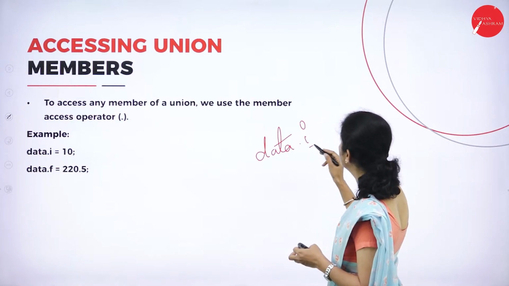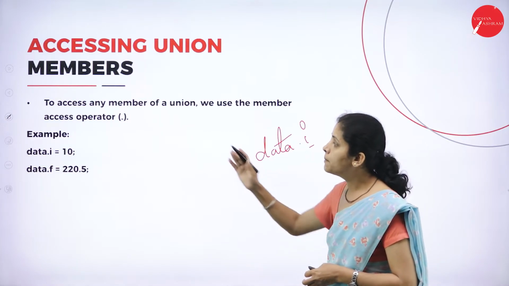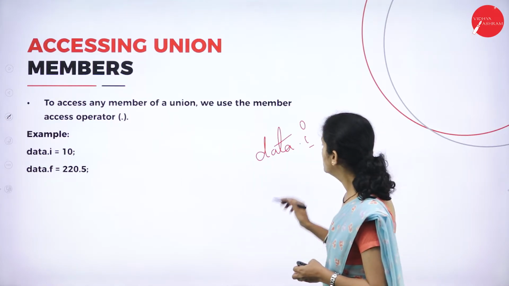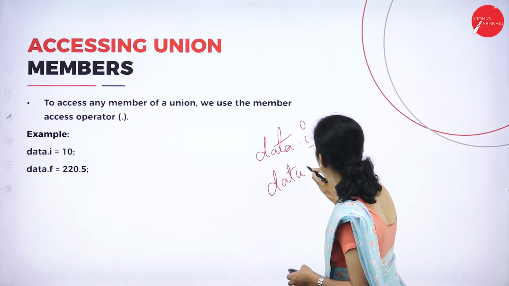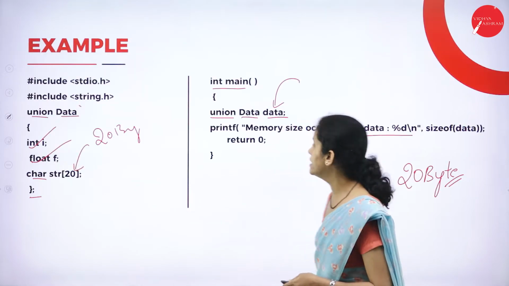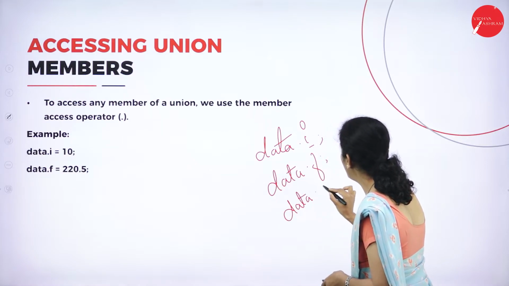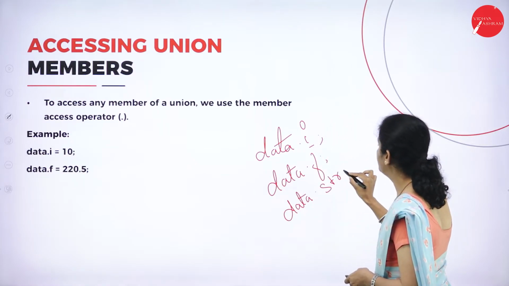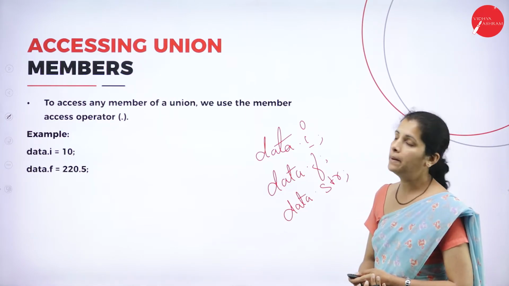So i is nothing but the data member present in the union. The next one, data dot f, and the last one is the string, so data dot str. This is the way I can access union members.